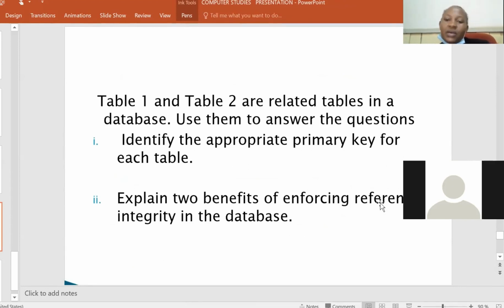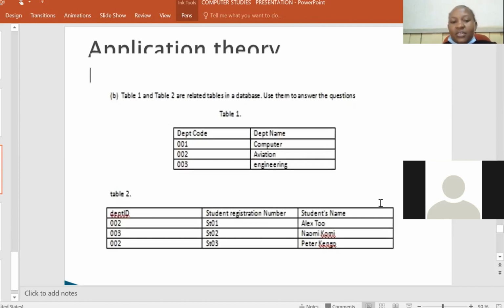table 1 and table 2 are related tables in a database. Use them to answer the questions. Like for example, identify the most appropriate primary key for each table. We should go back to the tables. Table 1, the appropriate primary key here is department code. Table 2, the appropriate primary key here is the registration number.